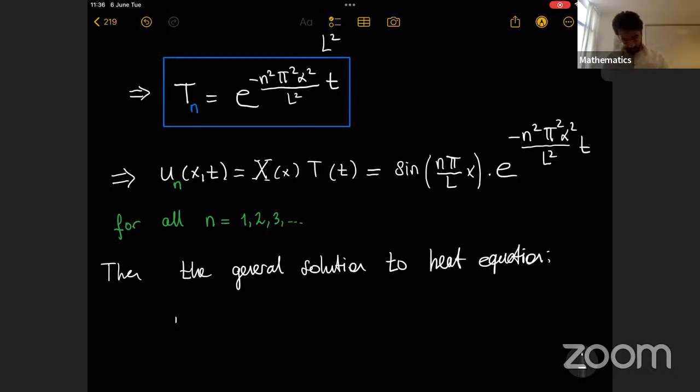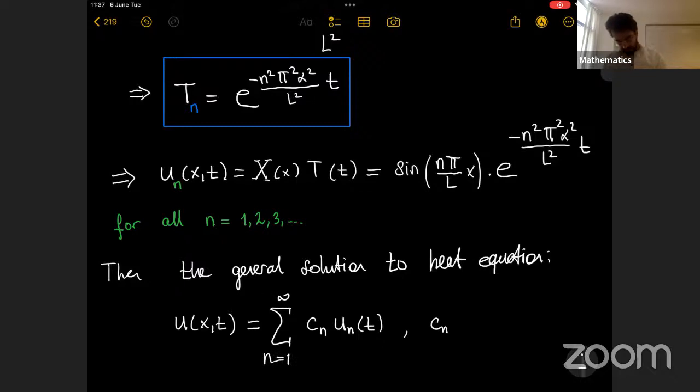So it's going to be u(x,t) equal to the sum of c_n times u_n(x,t), n from 1 to infinity.